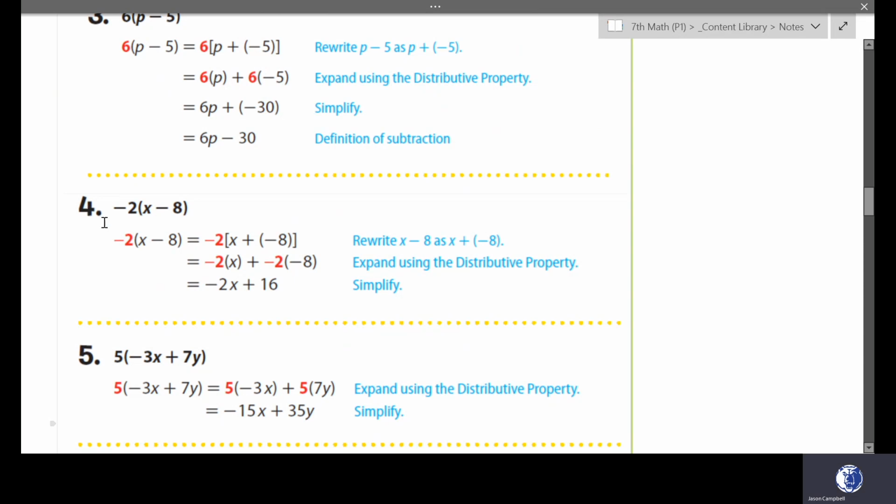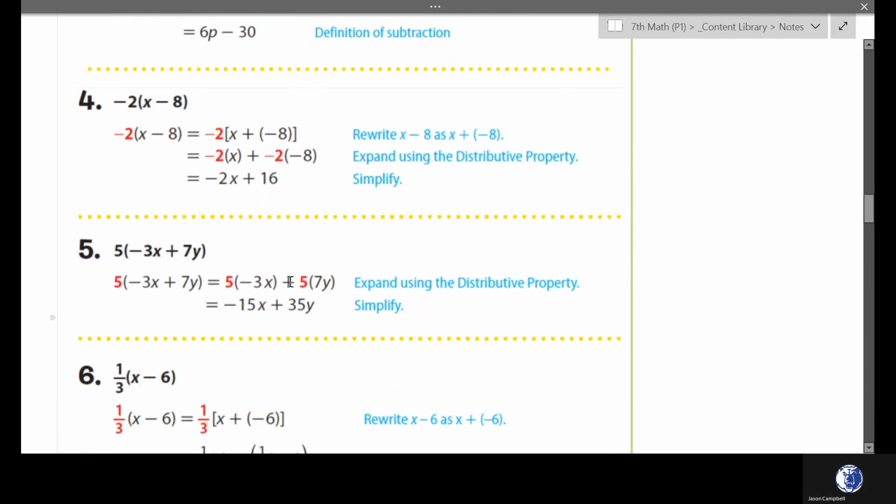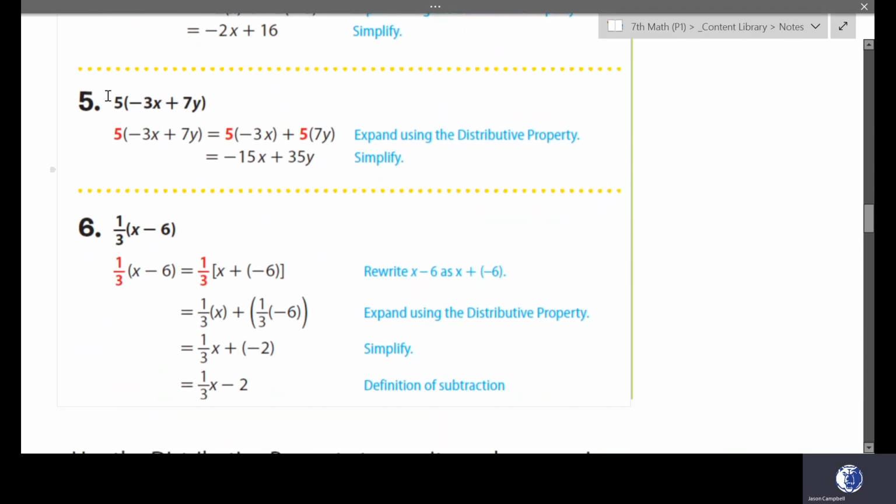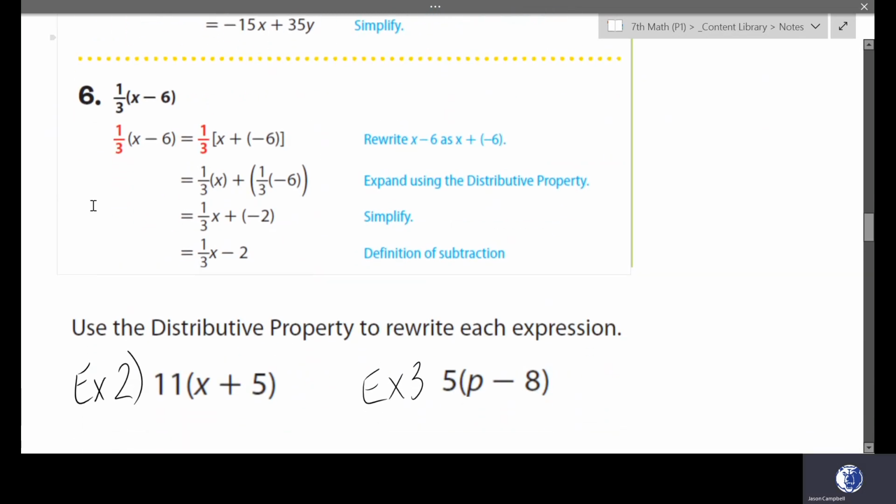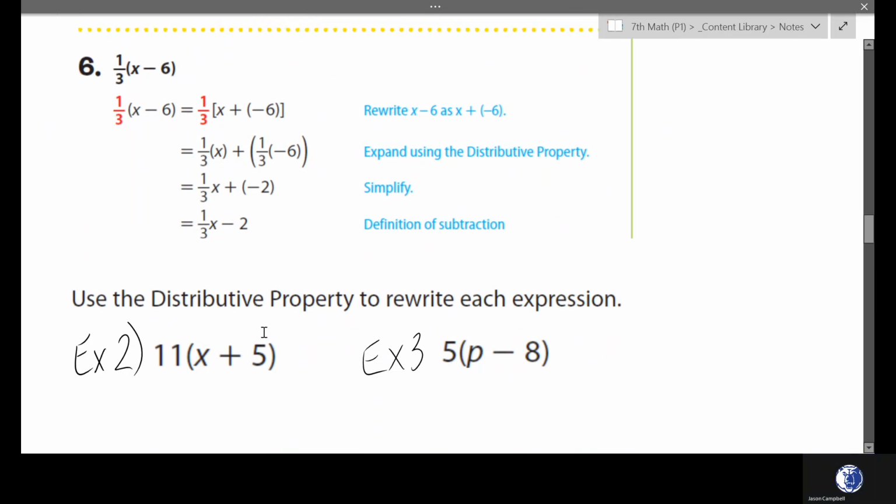Example 4, negative 2 multiplied by x subtract 8 becomes negative 2x add 16. Example 5, 5 multiplied by negative 3x add 7y becomes negative 15x add 35y. And in example 6, 1/3 multiplied by x subtract 6 becomes 1/3 x subtract 2.